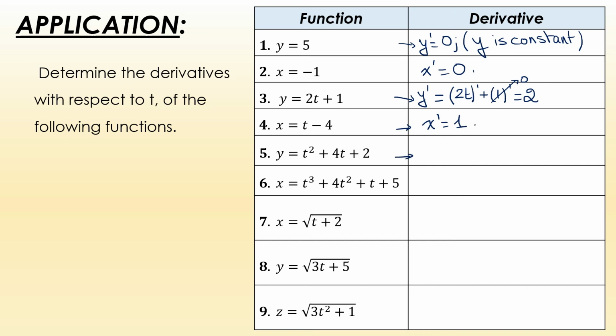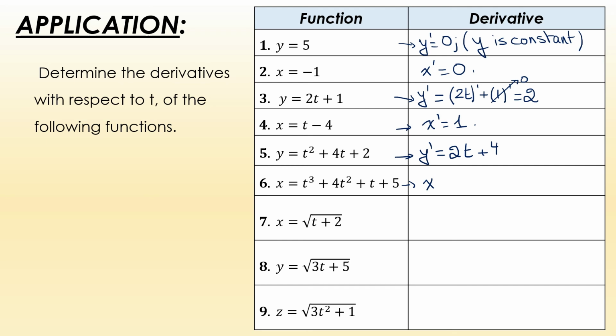5. y equals t squared plus 4t plus 2. Then y prime equals, again we derive each piece or each part alone. y prime becomes 2t, because the derivative of t squared is 2t if you remember, plus 4. Now 6. x equals t cubed plus 4t squared plus t plus 5. 4 terms.